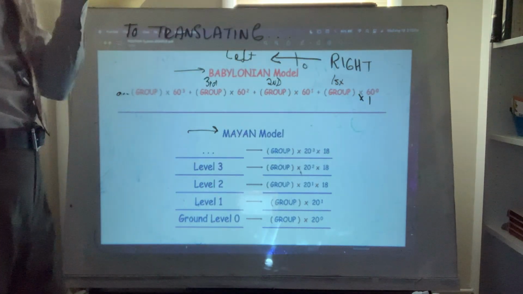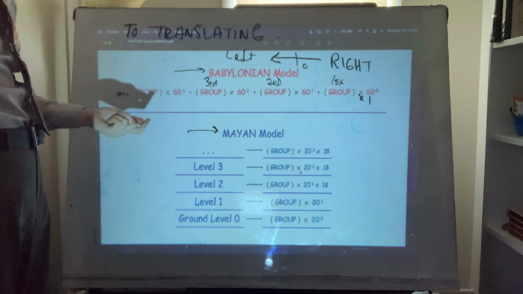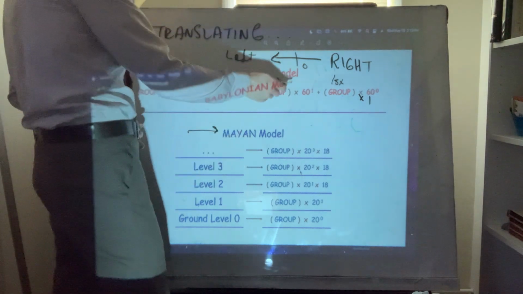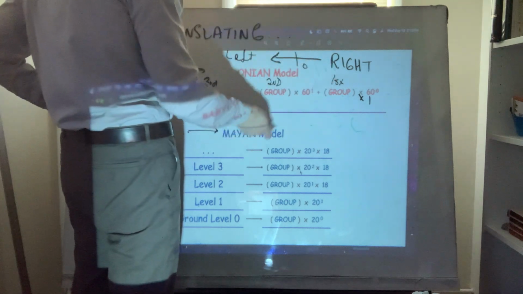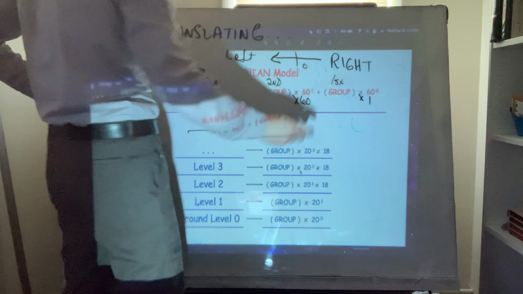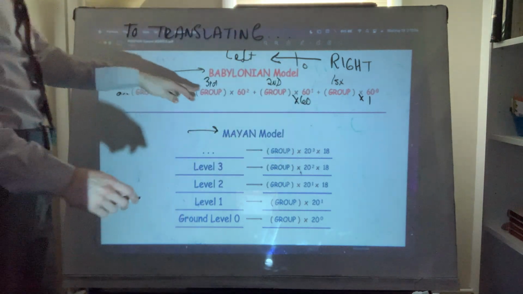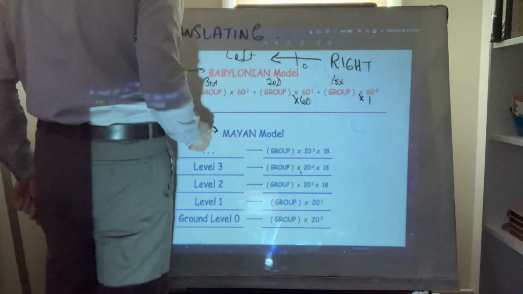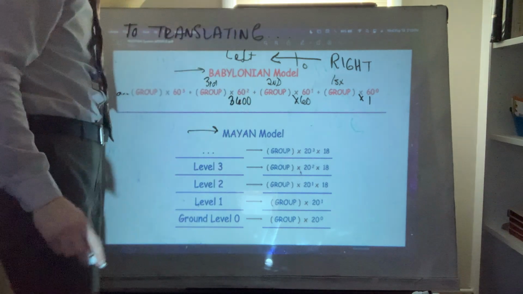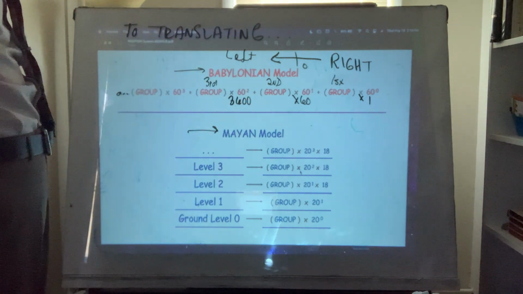You could validate that with a calculator. Otherwise, you'd have to go into the quotient rule. You know, 60 to the first is essentially you're going to multiply by 60. The third group would be 60 to the second, which would be 3,600. Right? And further and further.